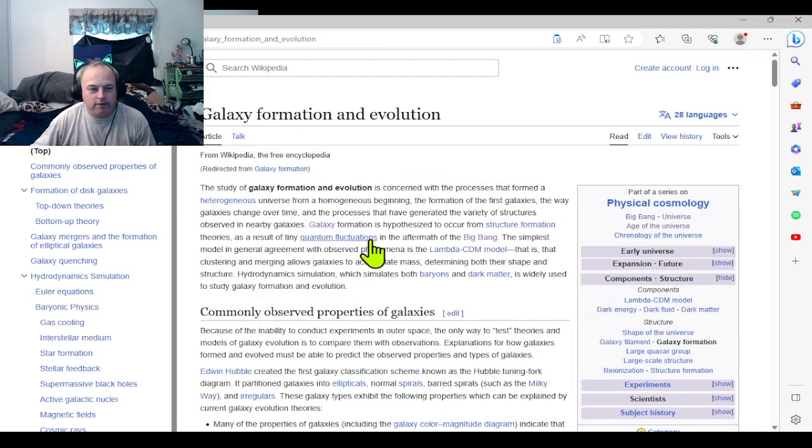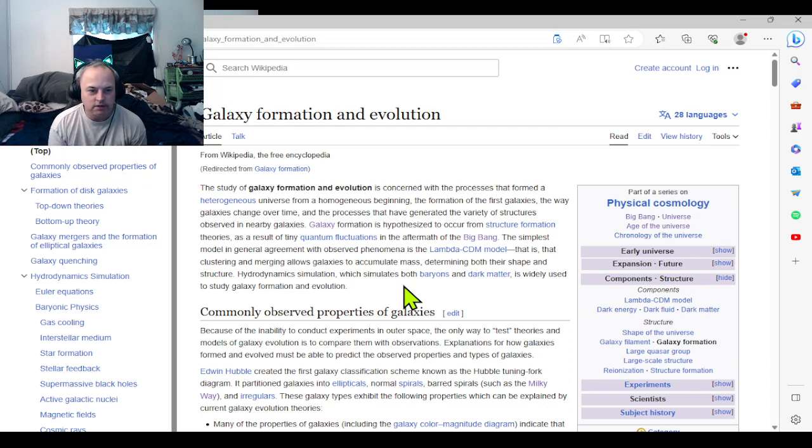So they're saying the first galaxies formed. The study of galaxy formation and evolution is concerned with the processes that formed a heterogeneous universe from a homogeneous beginning, the forming of the first galaxies, the way galaxies change over time, and the processes that have generated the variety of structures.